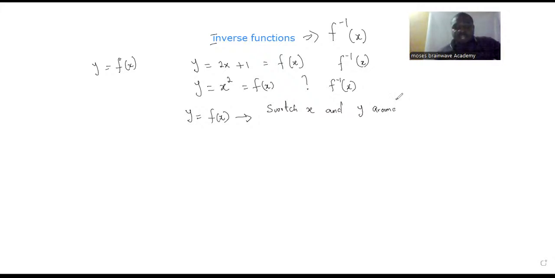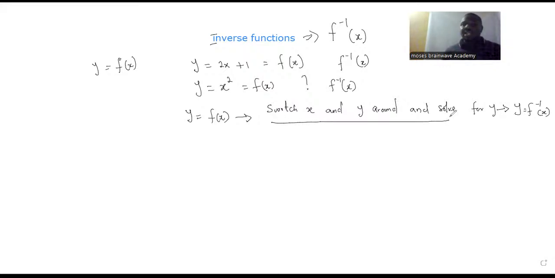Then I will solve for y, and what I get is the inverse of the function. Now, this sentence is too long. The only thing you need to get from here is: switch the values of x and y in the original function, and solve for y. Then you're going to get the inverse.